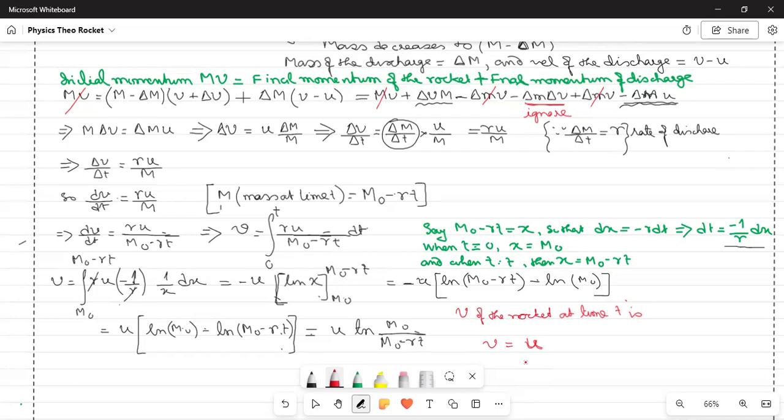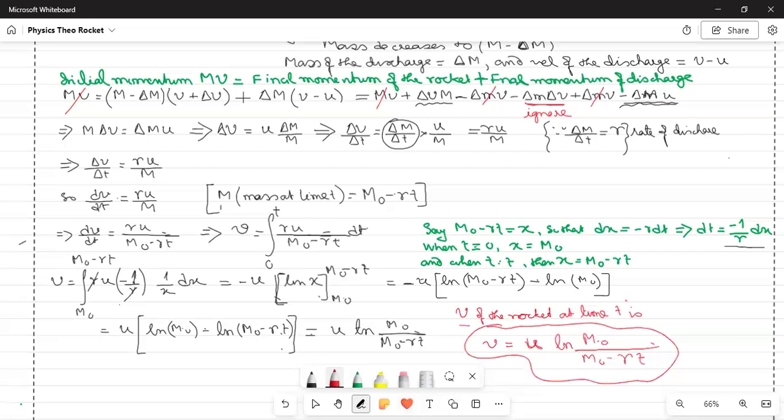That you have to always remember. U multiplied by natural log of m0, the initial mass of the rocket before it blasted off, divided by m0 minus rt. R is the rate of discharge, t is the time. So with this formula, you can always determine velocity of the rocket at any instant of time t.